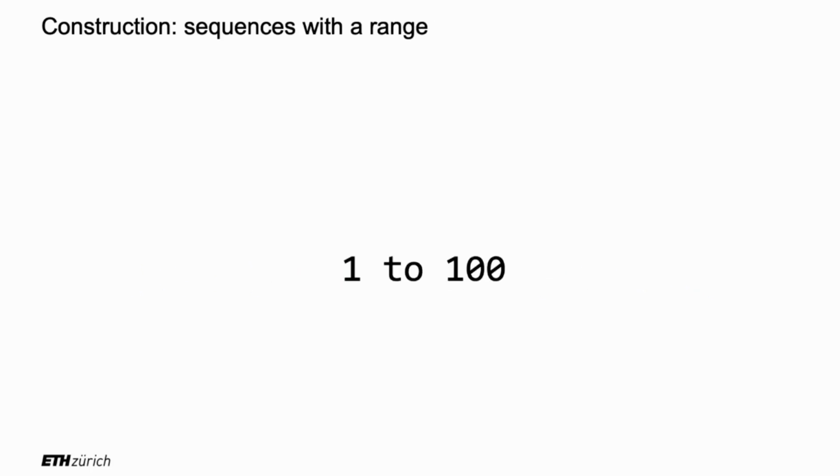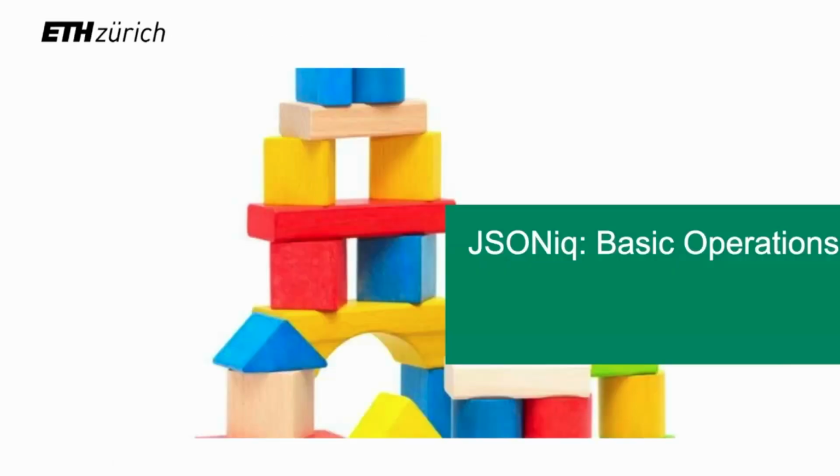Okay, what if you want a shortcut to directly build a very large sequence of increasing integers? You actually have that in Python and many other languages too. Just use the to expression. 1 to 100 returns a sequence of how many items? 100, right? It's going to return all integers between 1 and 100. Okay. So is there a question? No questions? Okay.